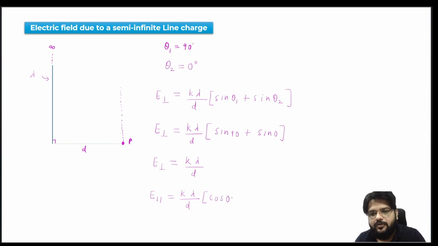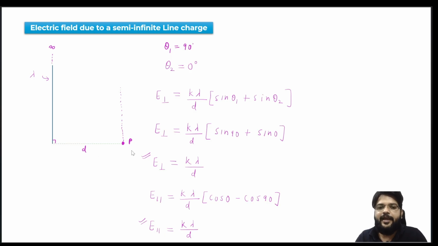It is 0, minus cos theta 1. And theta 1 is 90 degree. Cos 90 is 0, cos 0 is 1. So E parallel we have again K lambda by d. So if you look here, E perpendicular and E parallel both are K lambda by d.